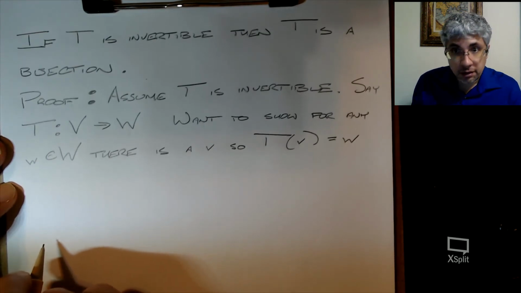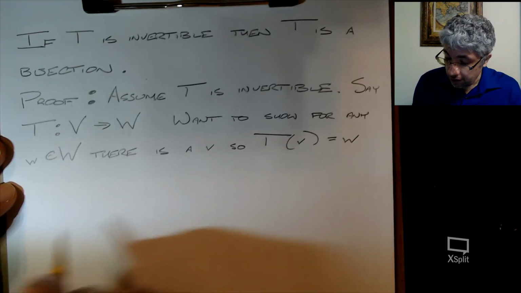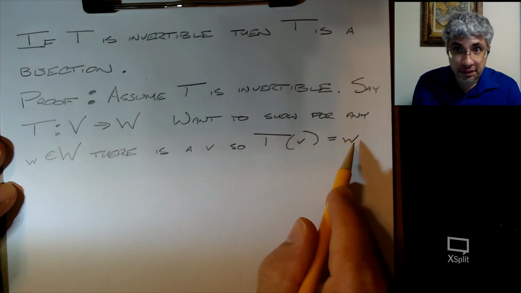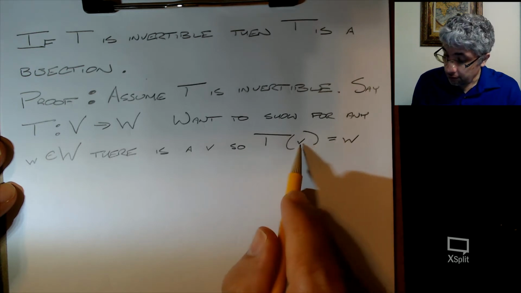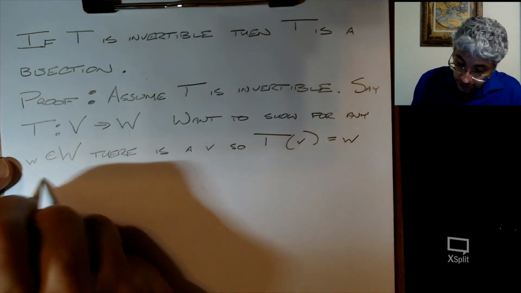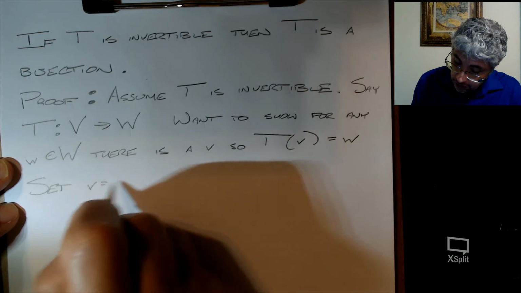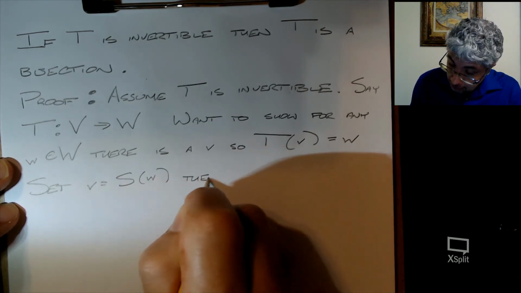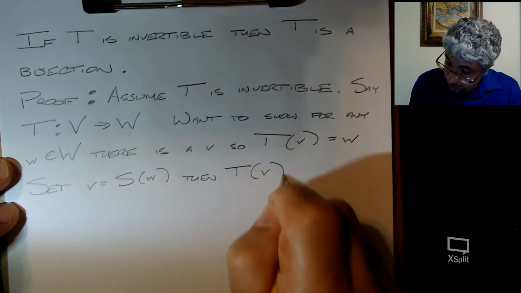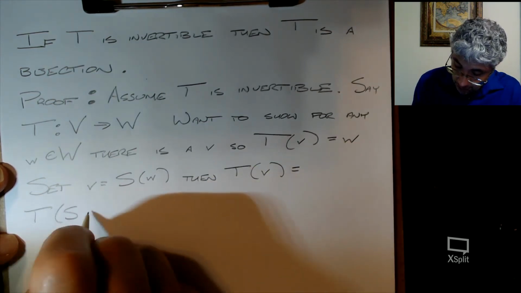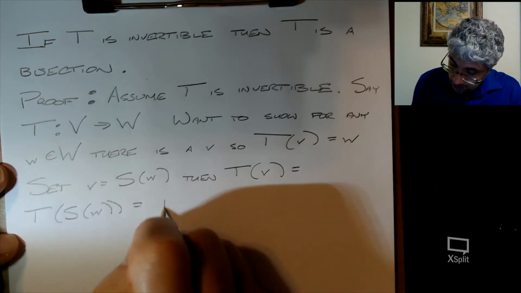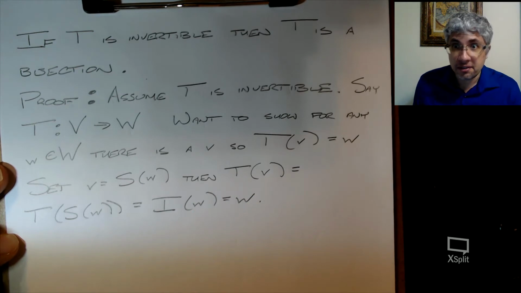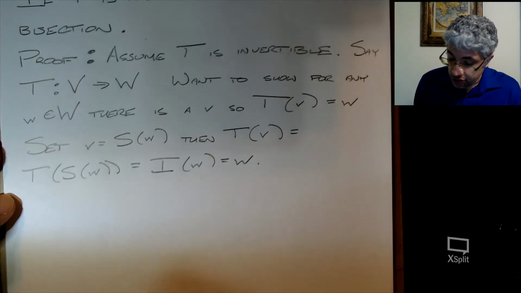And it's not hard to find out what this is because T of v is going to be w when S of T of v is equal to S of w, when v is equal to S of w. So I'll just set v to be S of w, and then T of v equals T of S of w, which is equal to the identity of w, which is w. Okay, so that shows it's surjective.